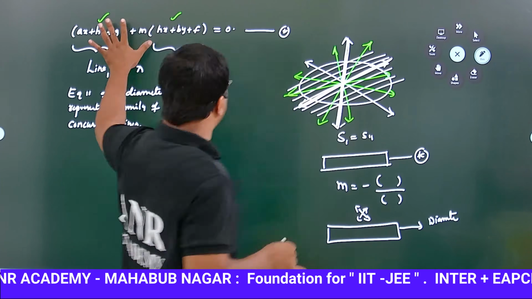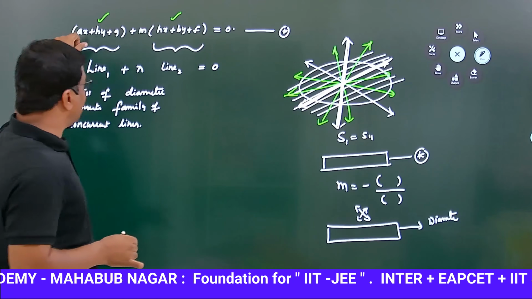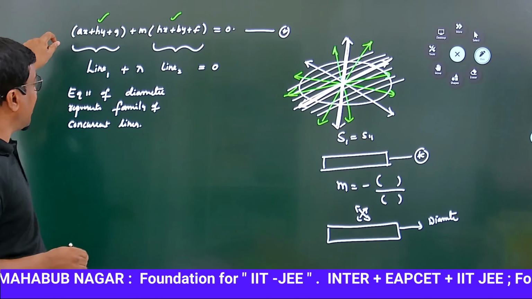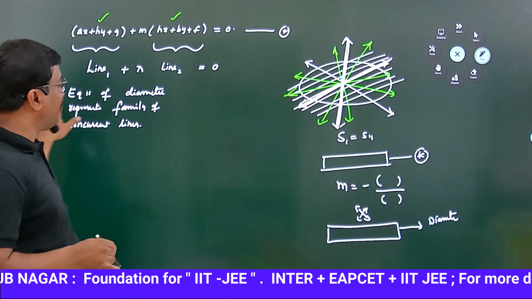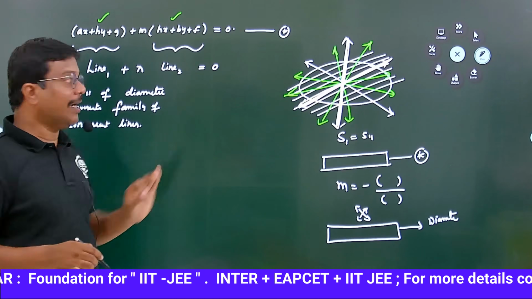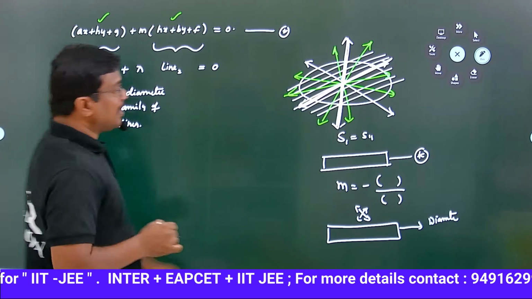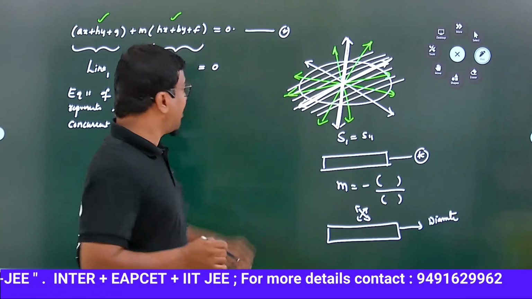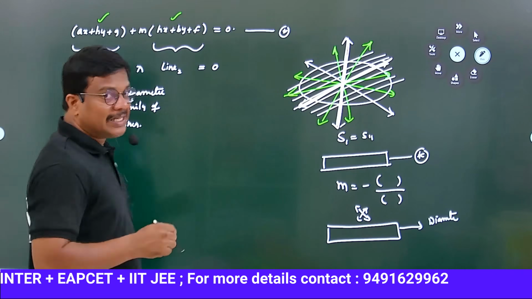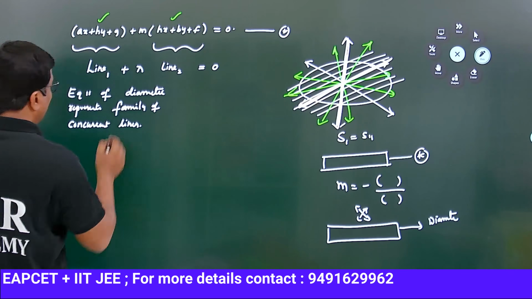Actually, this is the equation of a diameter, and the equation of a diameter also indicates an equation of a family of straight lines, concurrent lines. And this family of concurrent lines passes through one fixed point, right? That fixed point is known as the center.